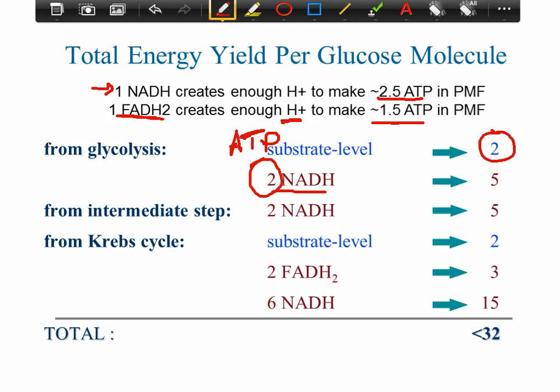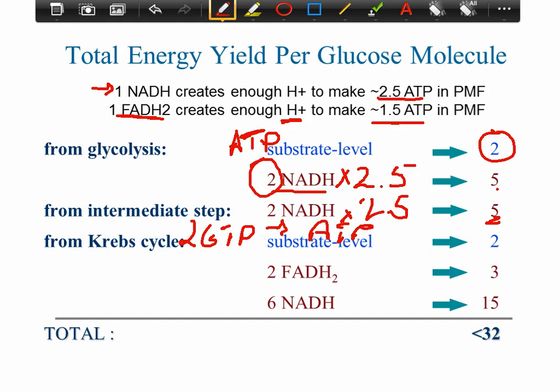2 NADHs translate into, wait a minute, for each NADH, 2.5 ATPs, so 2 times 2.5, 5. From the intermediate step, we got 2 times 2.5, 5. We got a couple of, remember GTP, 2 GTPs, and it was turned into ATP?